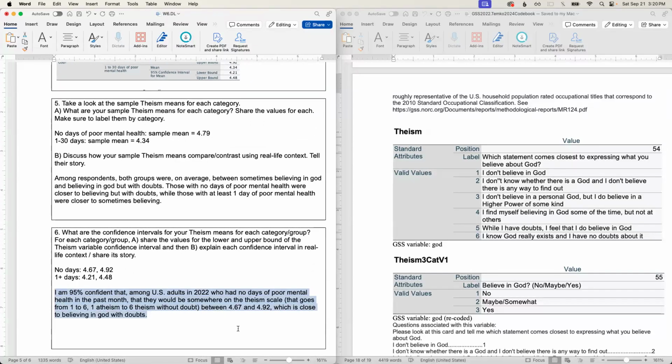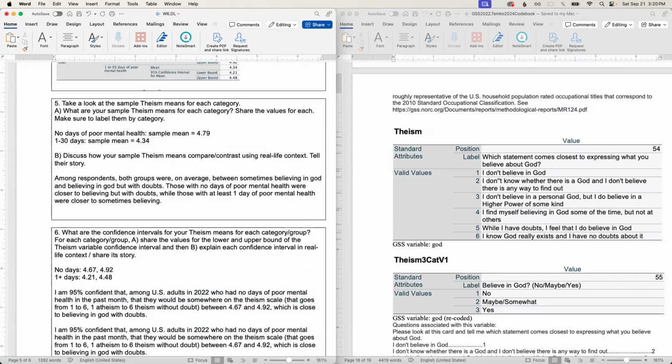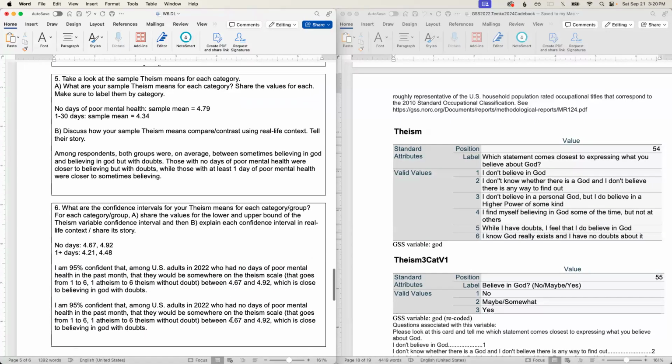And then I'd say for the other group, right, that I am 95% confident that they would be between close to sometimes believing in God, and halfway between sometimes believing and believing with doubts.